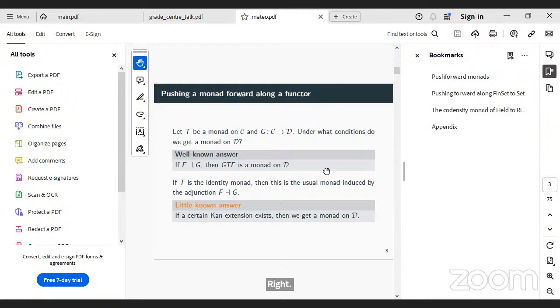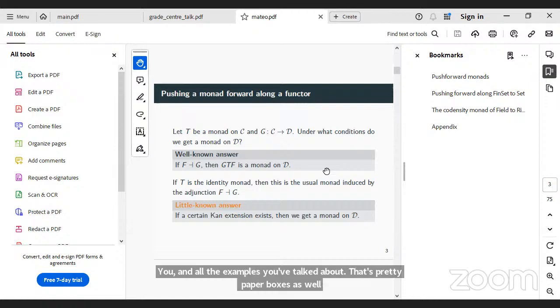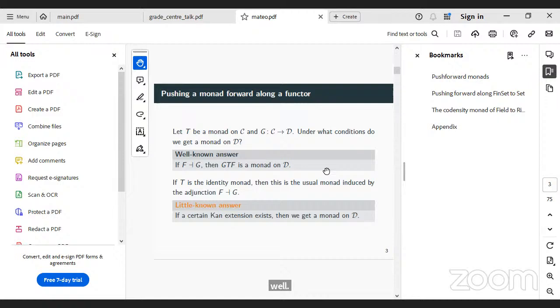And obviously in that case, you have a fully faithful functor. And all of the examples you talked about had fully faithful functors as well. So I was wondering how this construction fits in with what you're talking about, whether the full faithfulness is very important for what's coming.